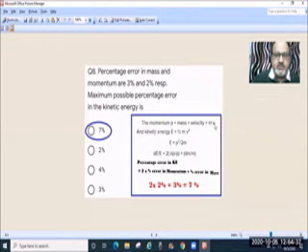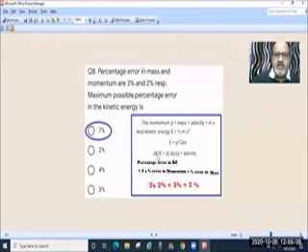Momentum is mass into velocity, m into v. Kinetic energy is 1/2 mv². When you divide these, E by P, you get this relationship: E = P²/2m. Now, dE/E is the relative error in energy, dP/P the relative error in momentum, and dm/m the relative error in mass.